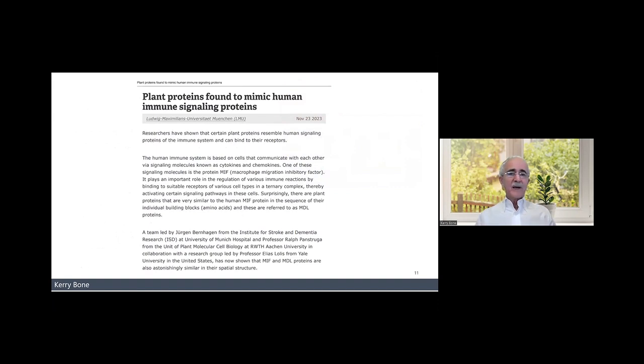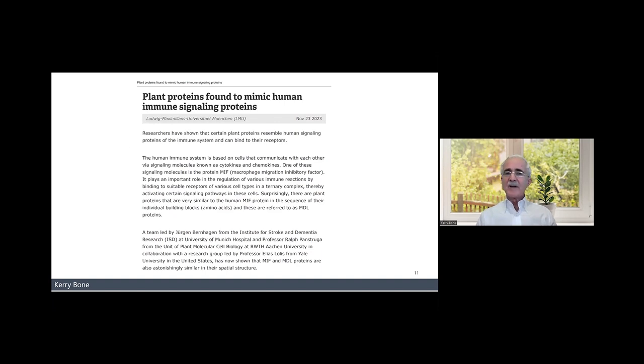And supporting Baker's hypotheses, looking at more recent studies, researchers have shown that certain plant proteins resemble human signaling proteins of the immune system and bind to their receptors. And I've always used this example in trying to explain how herbs work on the immune system. Because, for example, there's a concern that herbs might drive autoimmune disease, but autoimmune disease is in the adaptive part of the immune response.